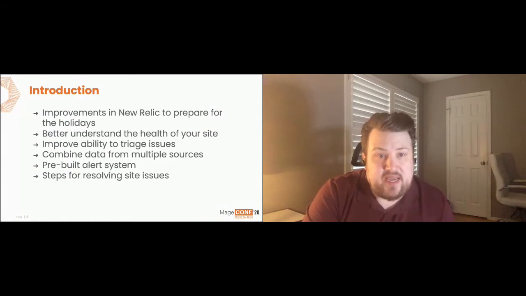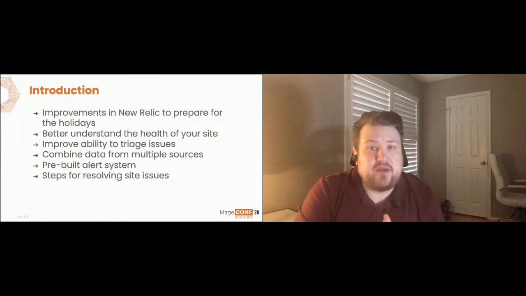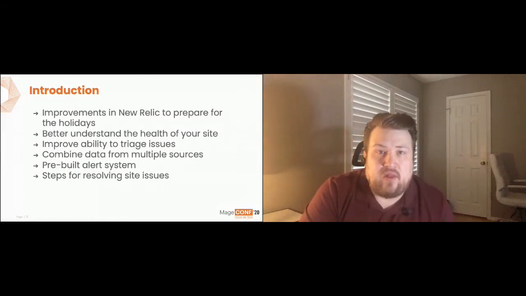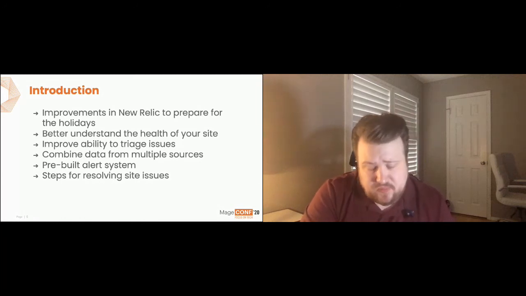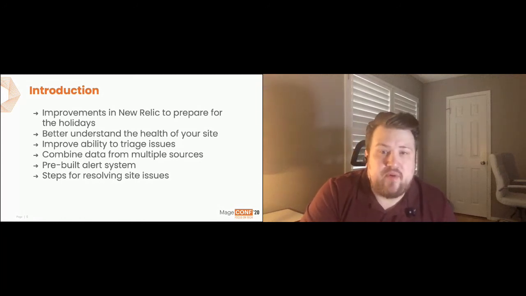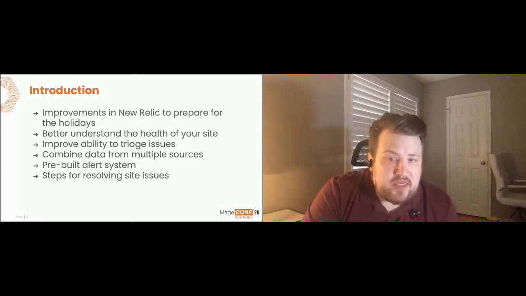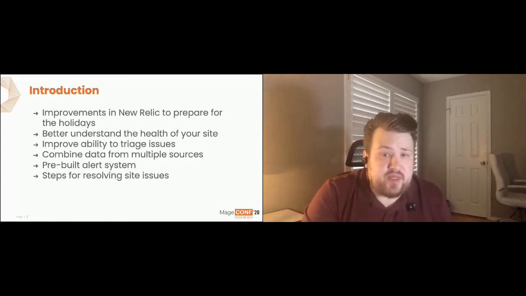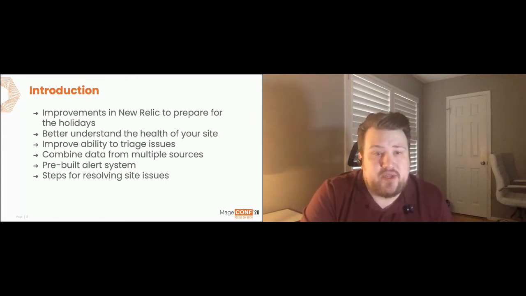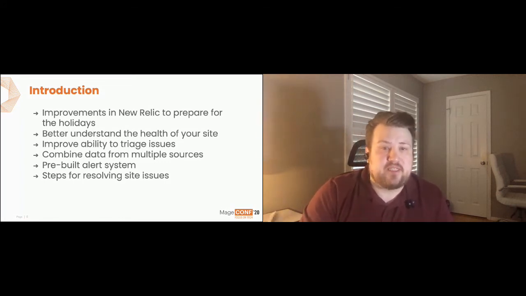Specifically with the log data, it's giving us the ability to combine data from multiple sources, things like combining log information with existing New Relic infrastructure metrics, for example. And then we've also built out a pre-built alert system. The goal is to help you quickly understand if there are issues with your sites. And finally, with those alerts, we provided runbooks to give you steps for troubleshooting that are specific to those issues.